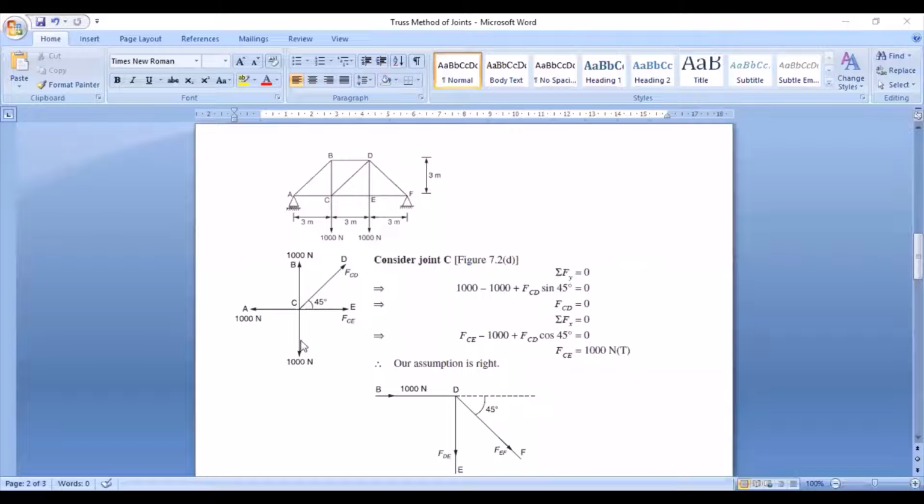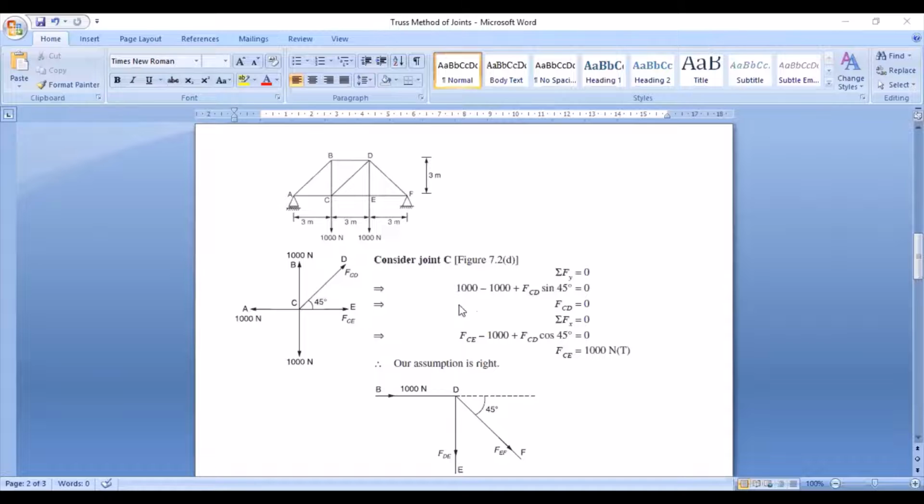So 3 vertical forces. One is this 1000, which is minus, you have taken with minus. Okay. Next you have one more 1000, which is upwards, positive. And you have a vertical component of CD, which will be acting upwards with the positive sign. So it is FCD sine 45 with the positive sign.